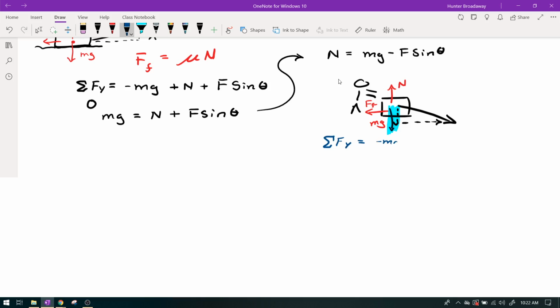This is negative mg minus F sine theta, because here's theta, here's the angle that we're using, plus N, and we know that's equal to 0. So N is going to be equal to F sine theta plus mg, which means that our normal force is going to be greater.